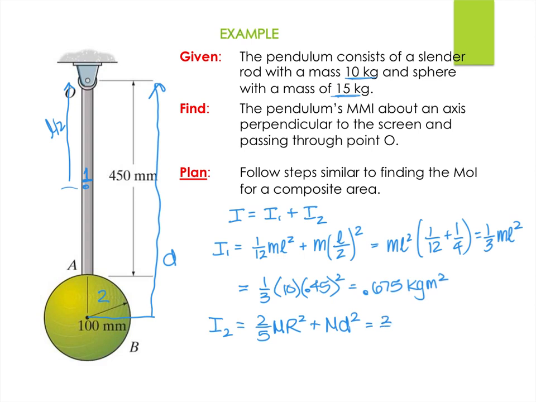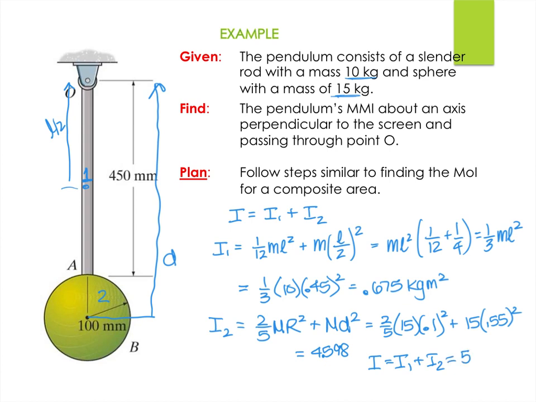So we have 2/5, the mass is 15 kilograms, the radius is 100 millimeters. Then we have 15 times the distance, which is 0.55, squared. And this ends up being 4.598.